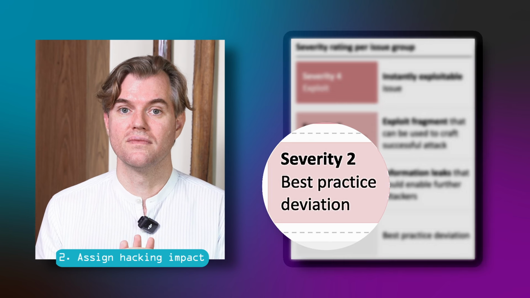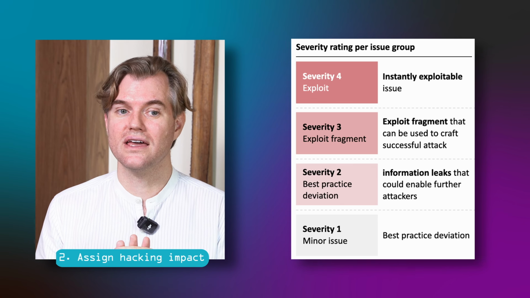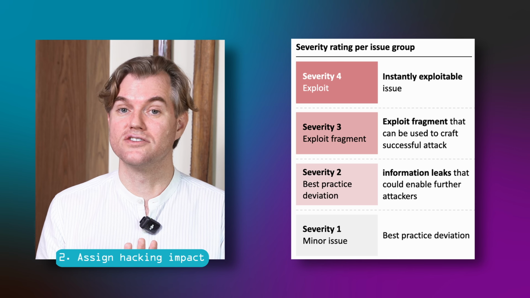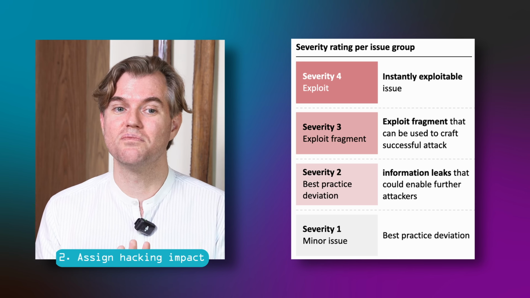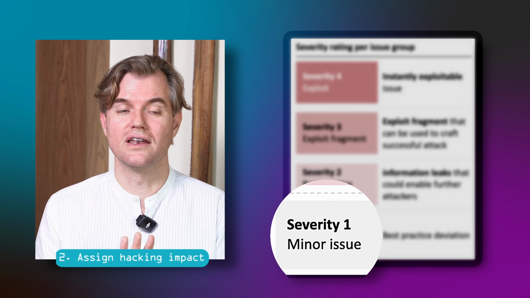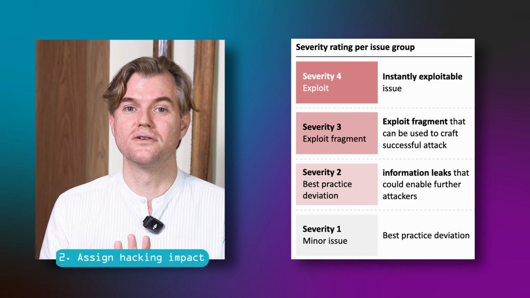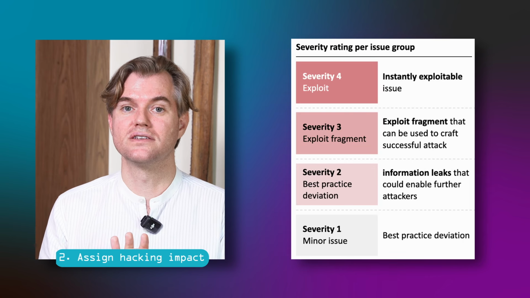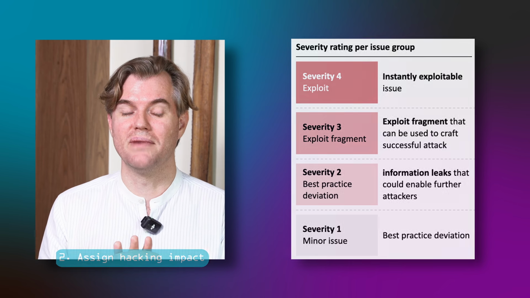The medium severity is an issue that helps with the hacking journey, often by way of disclosing information that is useful in exploiting and leveraging other issues, but isn't by itself exploitable. And then everything else is low, and we don't even account that in the hackability score. So it's really those exploits, exploit fragments, and useful accomplices to an exploit that matter for us.